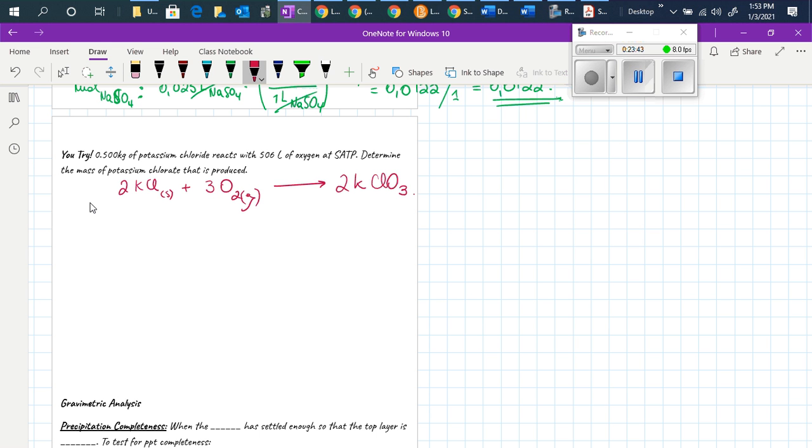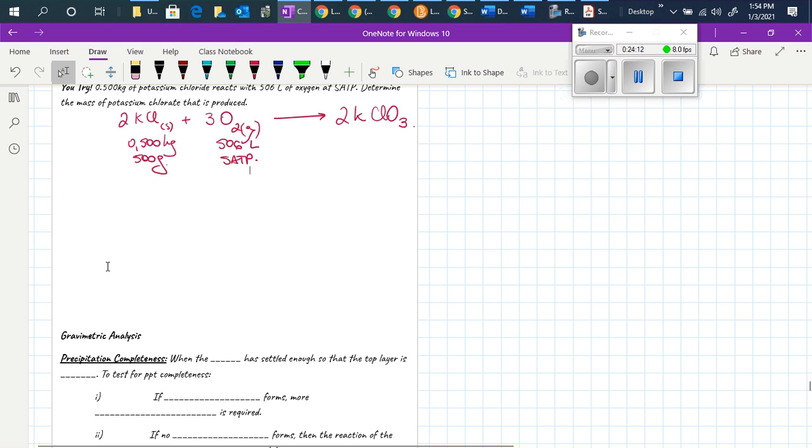Okay, so now, you know what, I will do this. What is given here is 0.500 kilograms, which is the same as saying 500 grams of potassium chloride, and the volume of oxygen is 506 liters at SATP conditions.